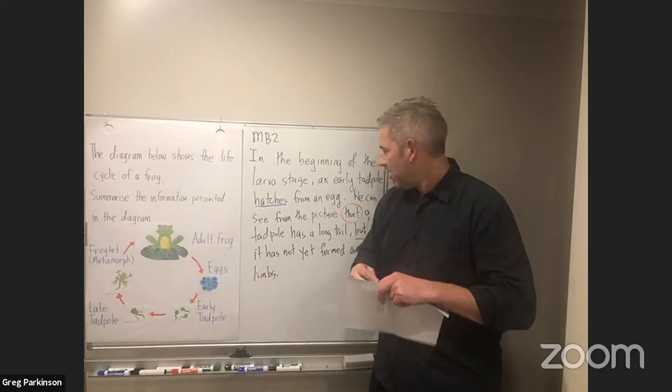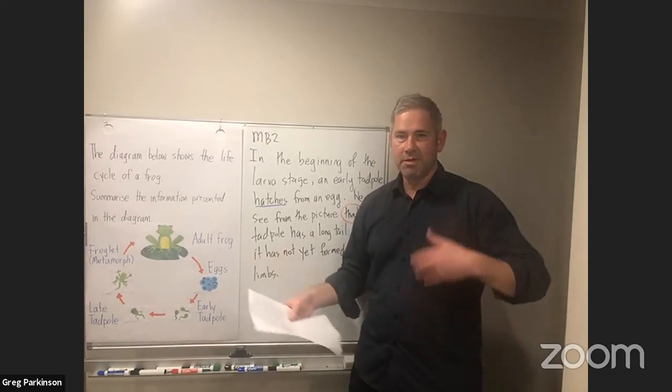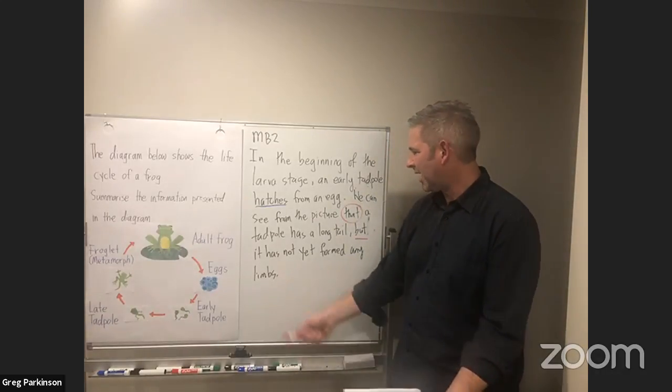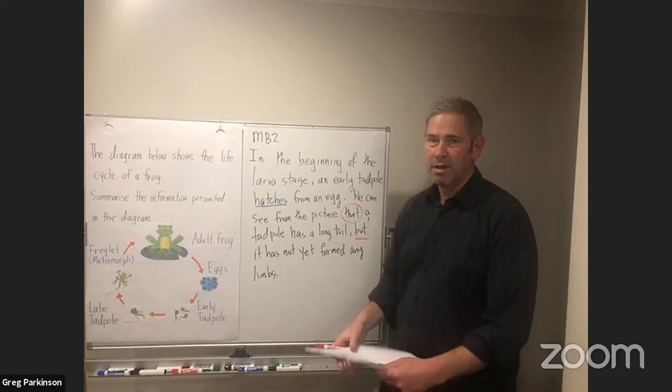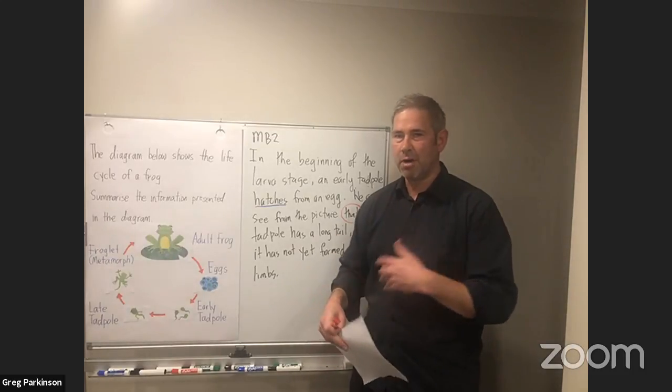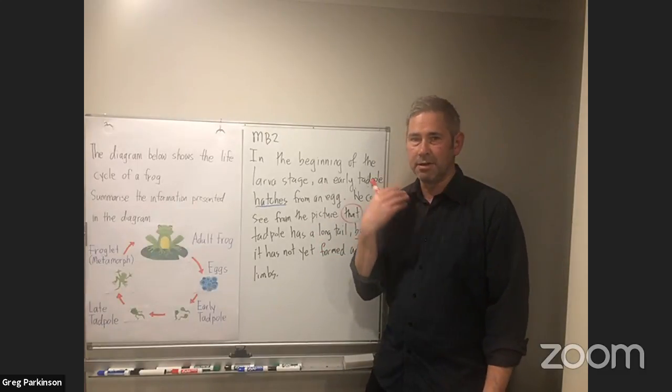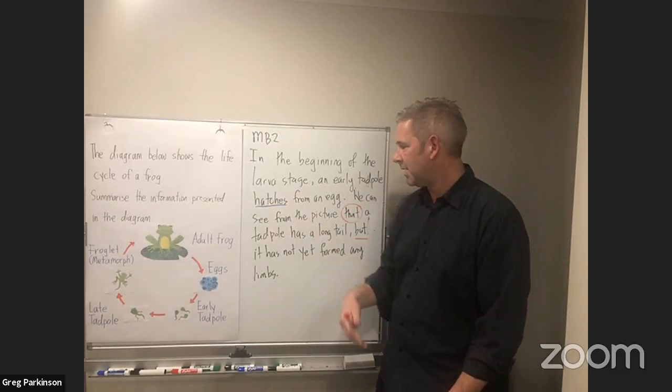So again, I'm not really using the type of vocabulary that you would find in a scientific journal. I think words like limbs, tail, these are more types of words that we might hear in everyday English. But what I am trying to focus on is using complex and complex compound sentences.